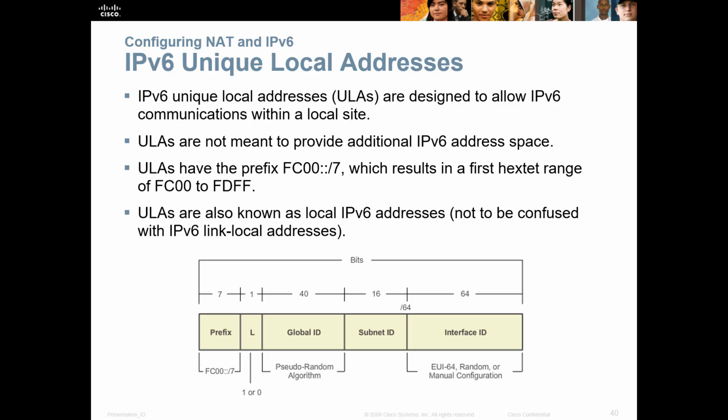These unique local addresses are not meant to provide additional IPv6 address space, and they should have a prefix of FC00::/7, meaning they're only using the first 7 bits, which means we have the range of addresses between FC00 and FDFF. These are also known as unique local IPv6 addresses, and that is not the same as link local addresses. Keep that in mind.